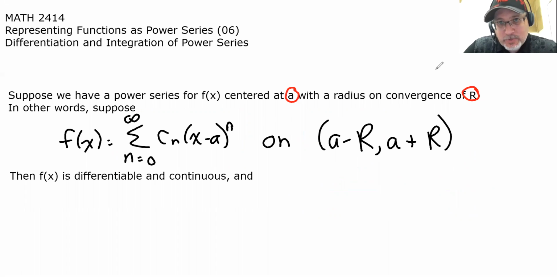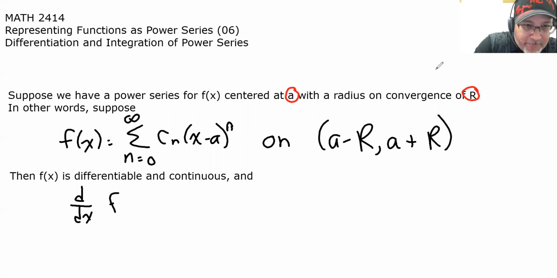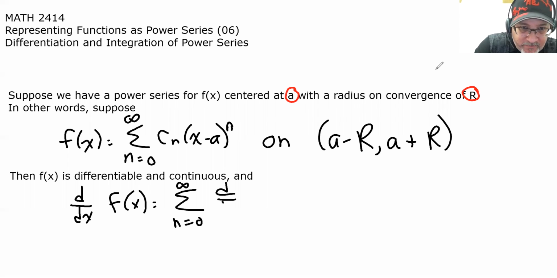differentiable and continuous, which means we can take its derivatives and its integrals, and more specifically, the derivative with respect to x of our function is equal to the sum of the derivatives of the individual terms.